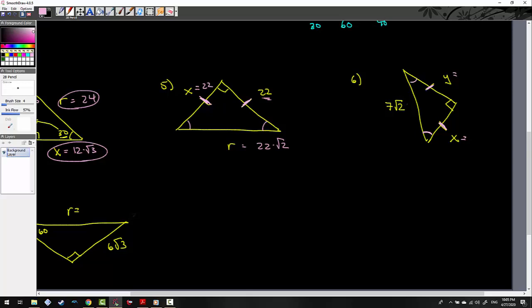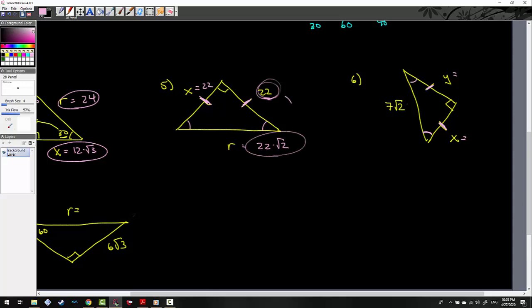Well, the way we do that is we have to establish a relationship between how we got from one side to the next. And in this case, how we got from the leg to the hypotenuse. Well, if you look back at example number 5 here, this 22 here was a leg of the isosceles right triangle. The hypotenuse was this 22 rad 2.